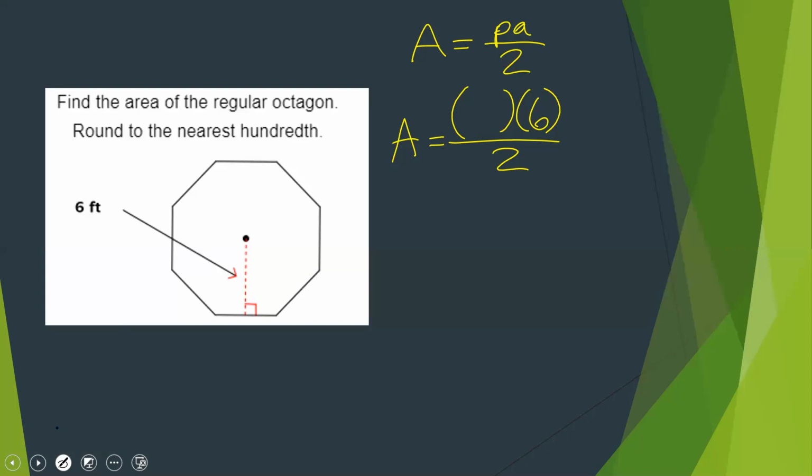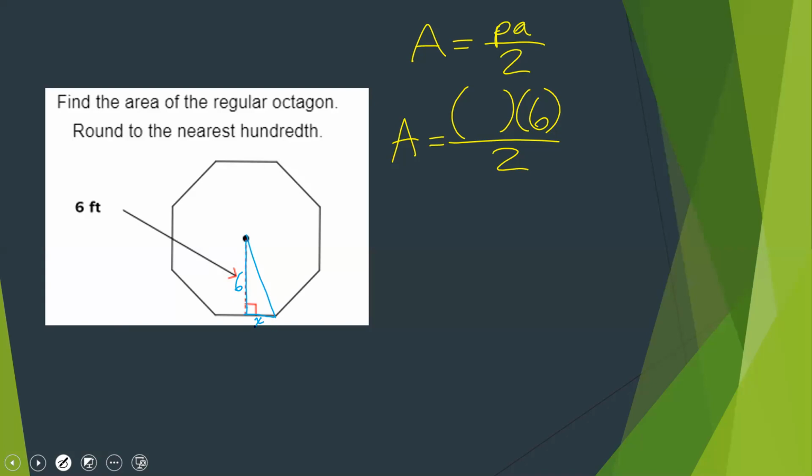we need to remember that this is a right triangle. And if we know this is 6, then we can solve for this, we'll call it x, which would be a side of the triangle. We can solve using trig.